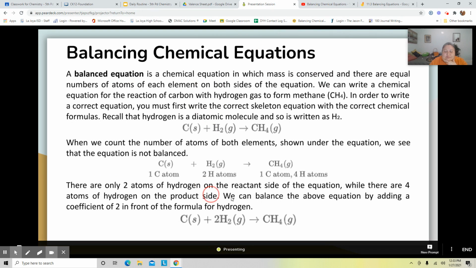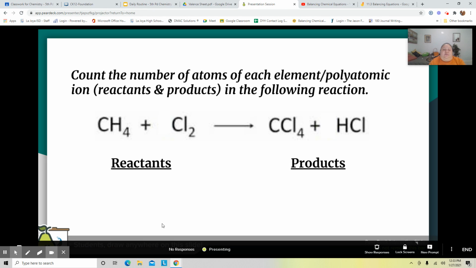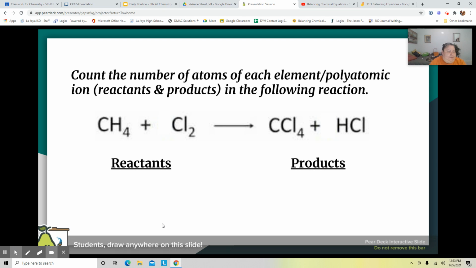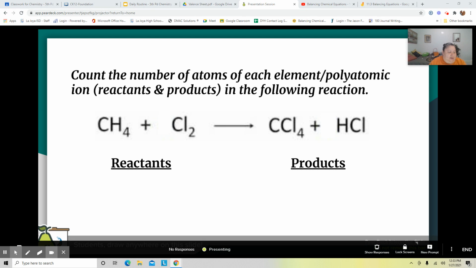Okay? All right. Now it's your turn. On Pear Deck, if you need help, of course, I'm going to be there. But if you can, I want you to make a list of your elements, and I want you to count how many you have on the reactant side.